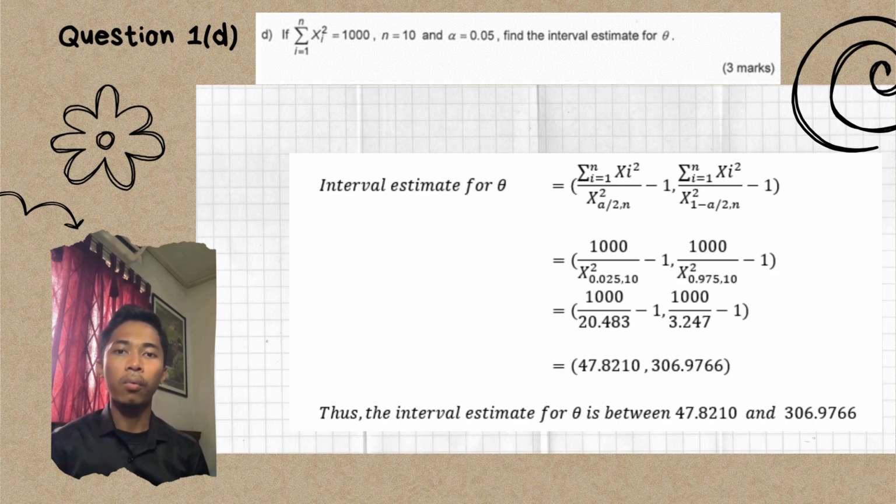So 1000 over 20.483 minus 1 is 47.8210, and 1000 over 3.247 minus 1 is 306.9766. Thus, the interval estimate for theta is between 47.8210 and 306.9766. And that's all from us. Thank you.